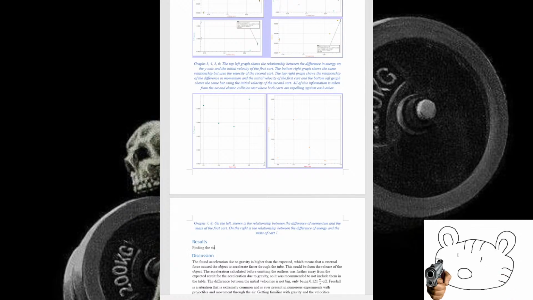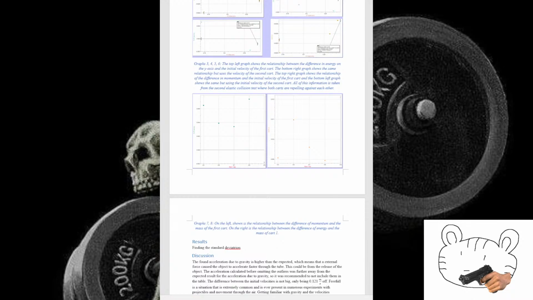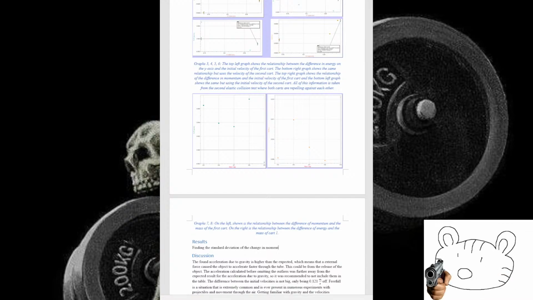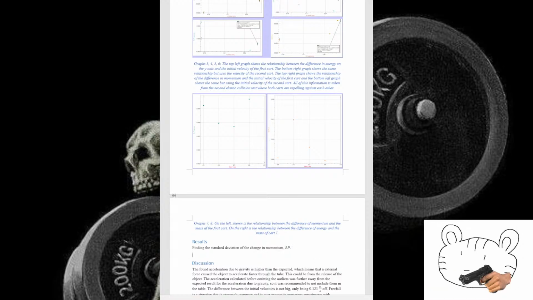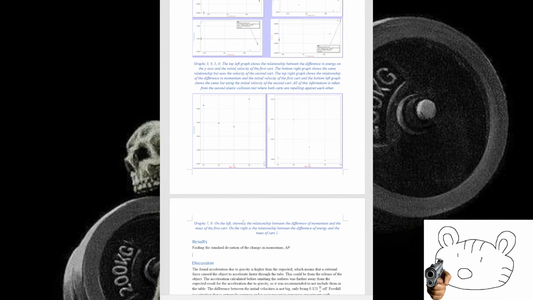Finding the standard deviation of the change in momentum, and then hit it with the Alt plus sign, delta, and that's P. How the hell do we find standard deviation?